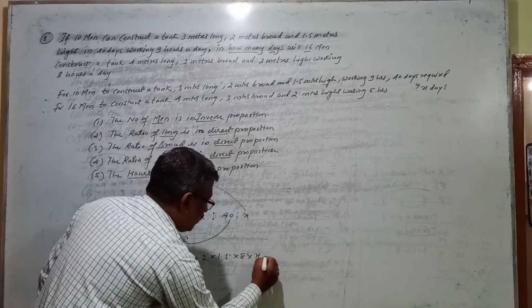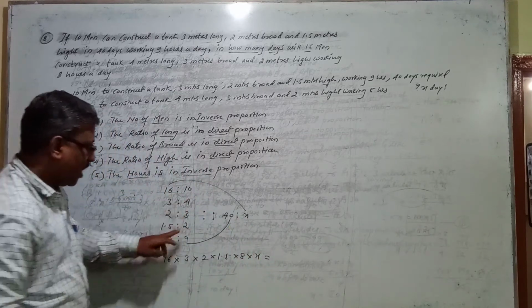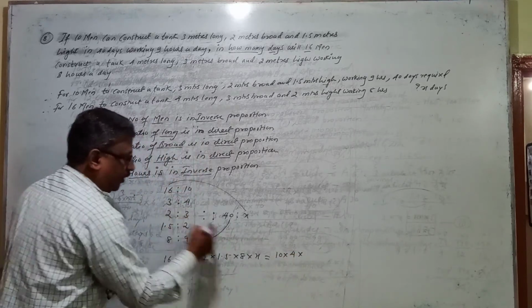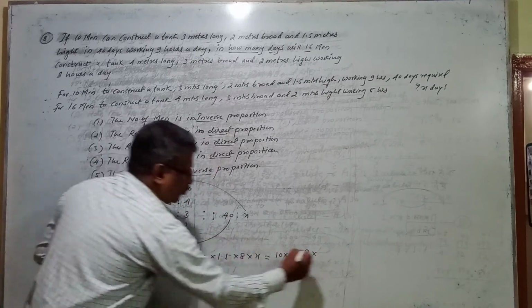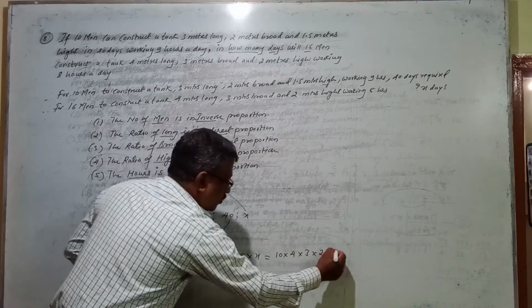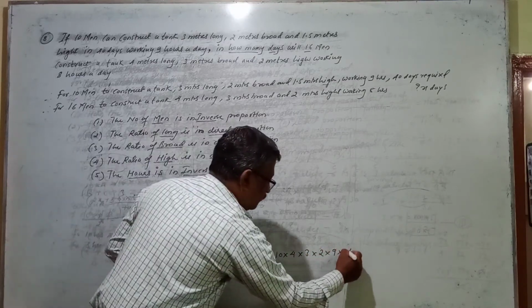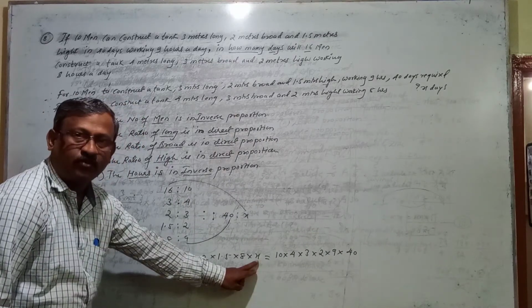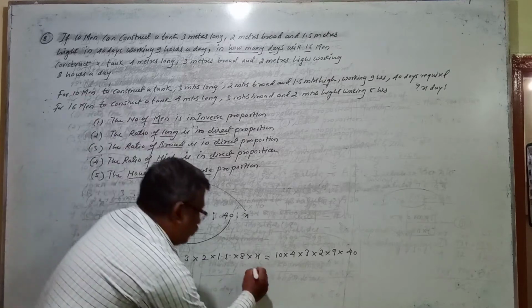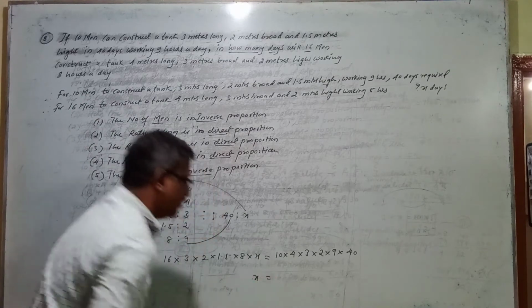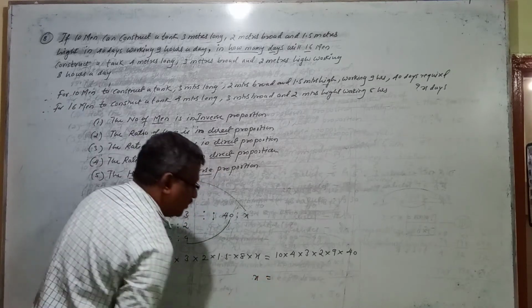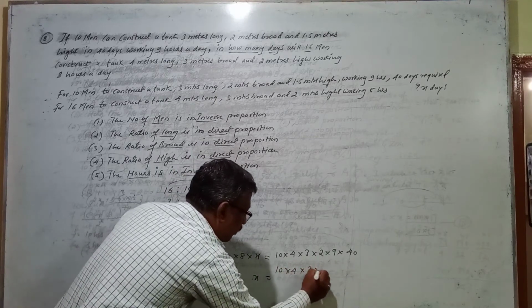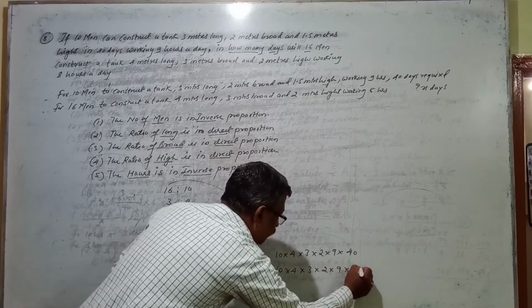x. This is equal to your means, which are 10 into 4 into 3 into 2 into 9 into 40.